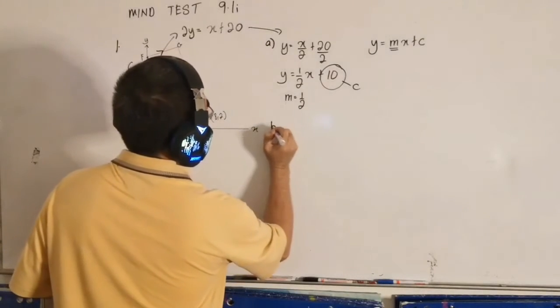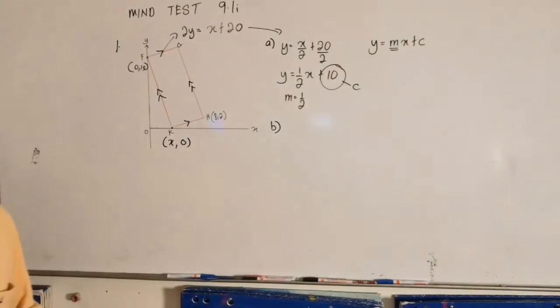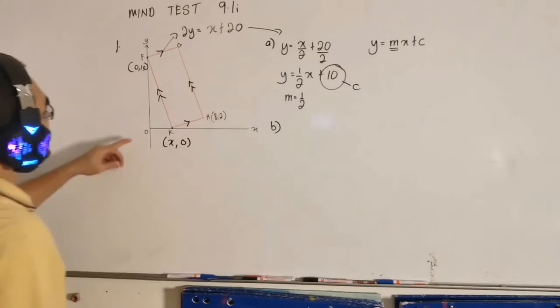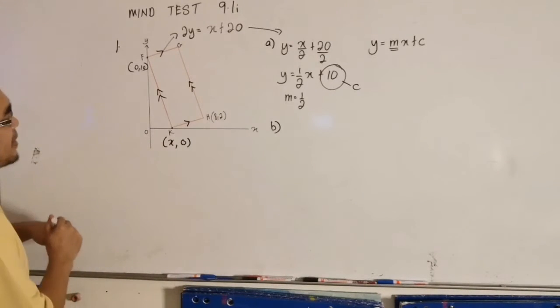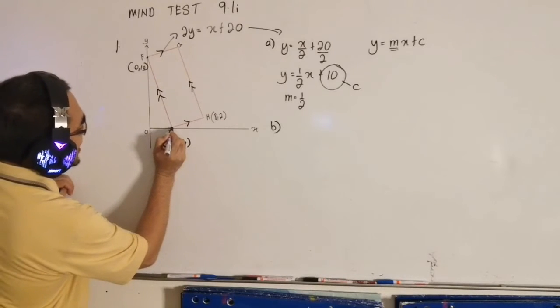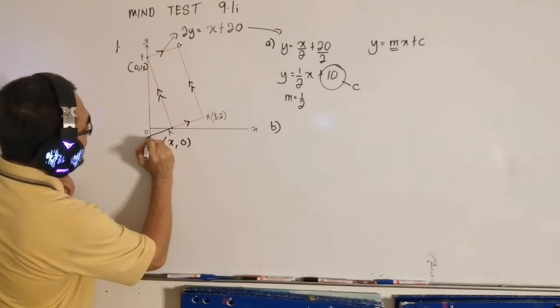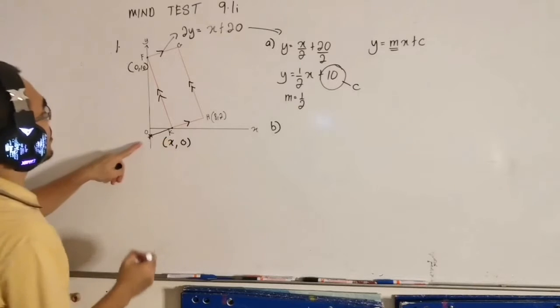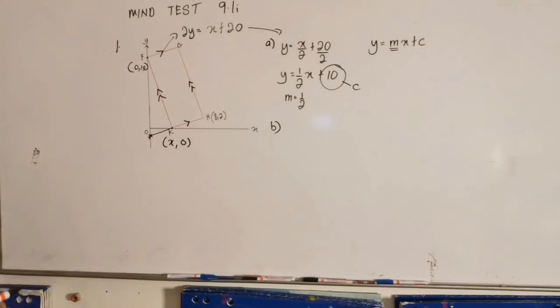So B, the y-intercept of the straight line HK. If I extend the line all the way, this is the y-intercept. So how do I find the y-intercept?